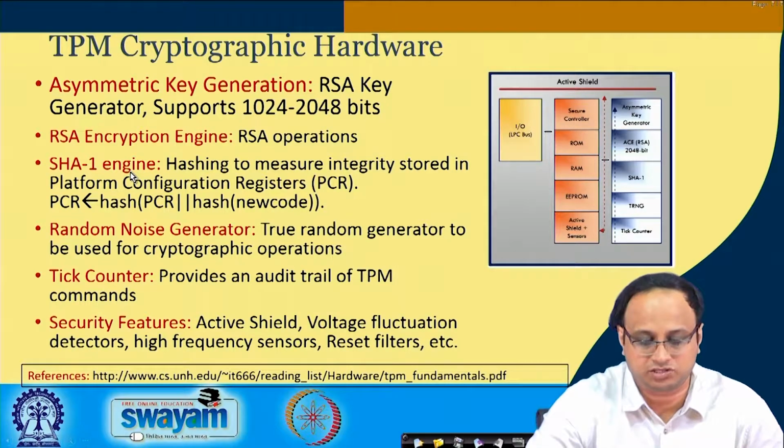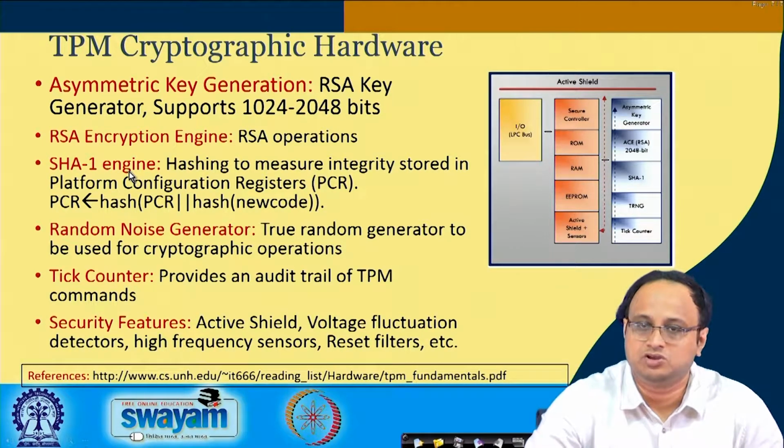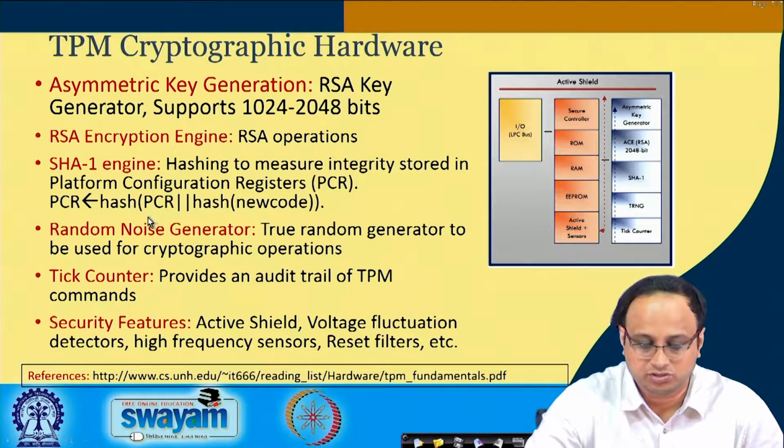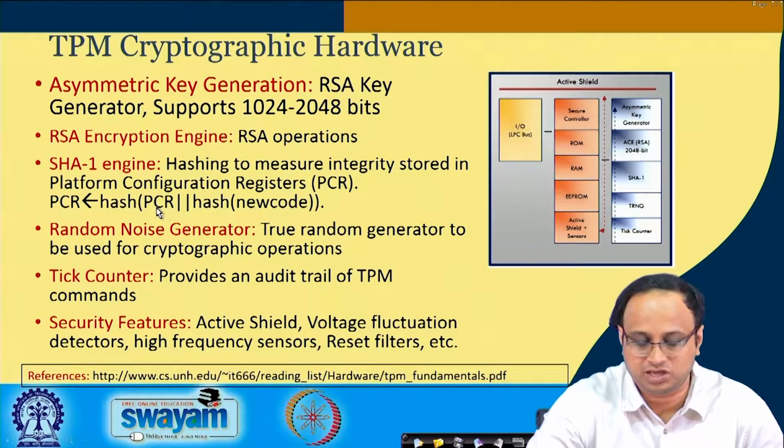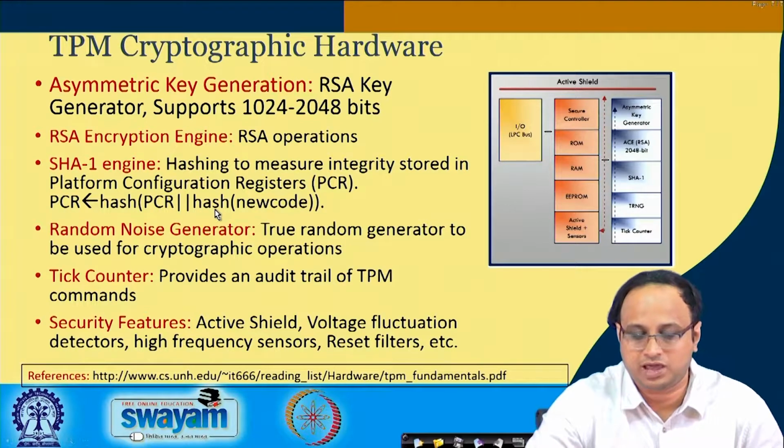As I said, when you are doing the measurements, you are doing hash computations. There is a platform configuration register, or PCR, and this stores the current calculations, the current measurements. The measurements are usually done in this way: you take an initial PCR and then you do a hash of a new code.